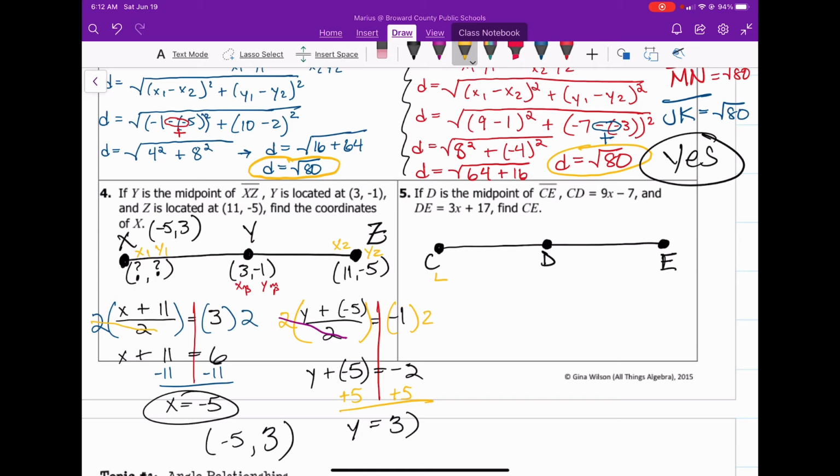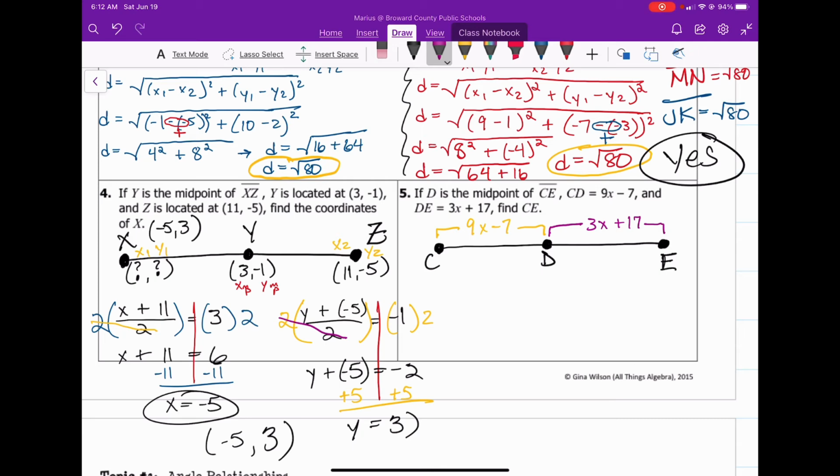So CD is 9x minus 7, right? And let me put that on top because I want to have some room to work it out on the bottom underneath. So this would be 9x minus 7 right here. And then D to E is 3x plus 17, right?